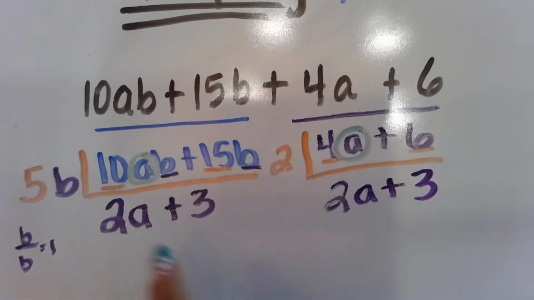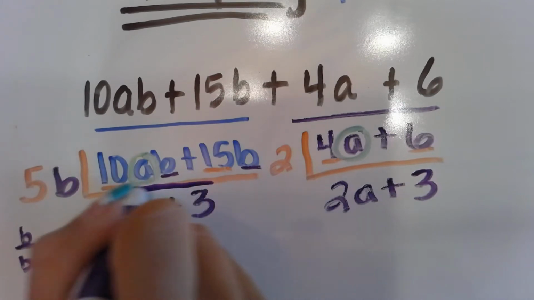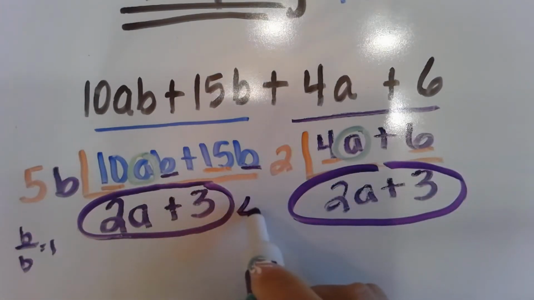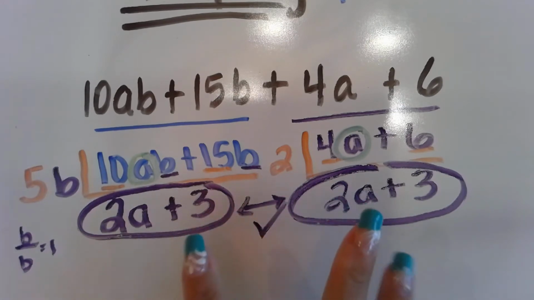I'm looking at these two, and they match right here. I see this piece and this piece, they match. So I know this is perfect. Let's write our final answer. These two have to match. If they don't match, you need to go back and look at your work, because these two have to match.